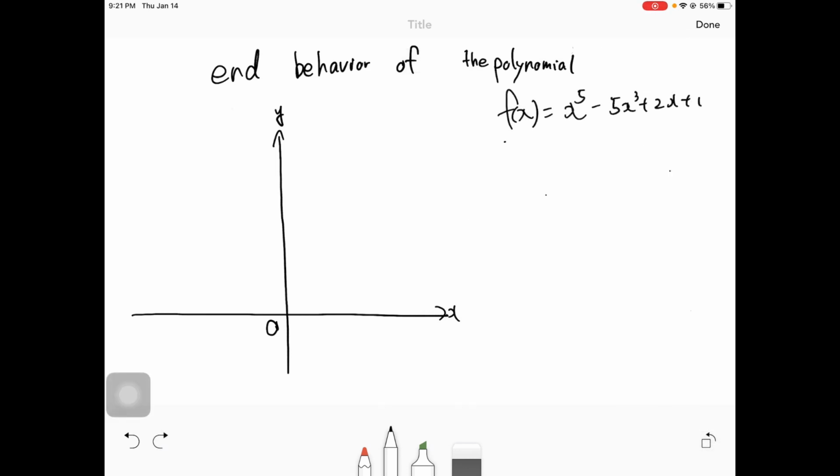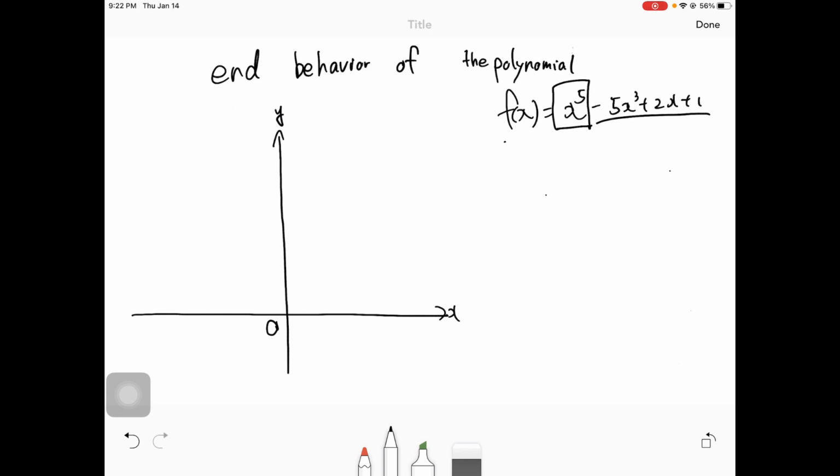Okay, then let me give you another example. f of x equals x to the power of 5, negative 5x to the power of 3, plus 2x plus 1. What is the end behavior of this polynomial? Like I said, you need to focus on the term which has the highest degree, the highest exponent, which is x to the power of 5 in this polynomial. And you can ignore the rest of the terms.